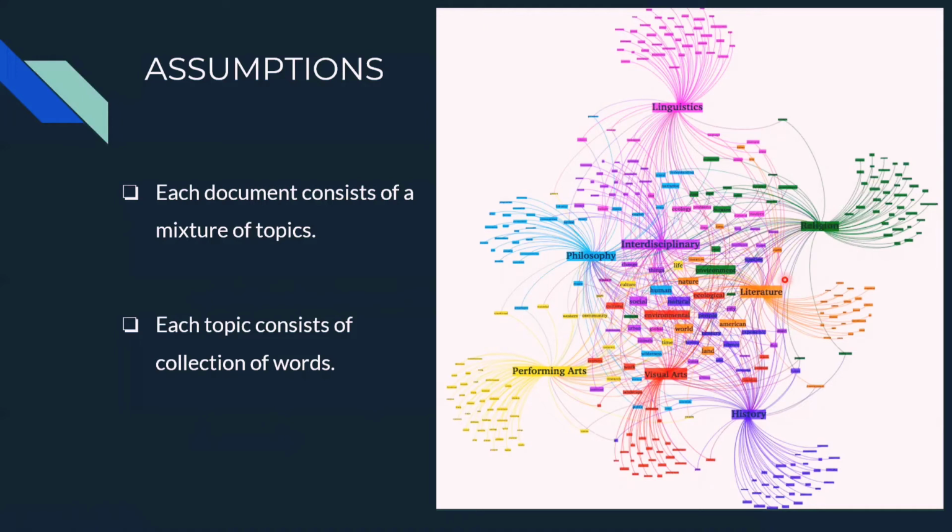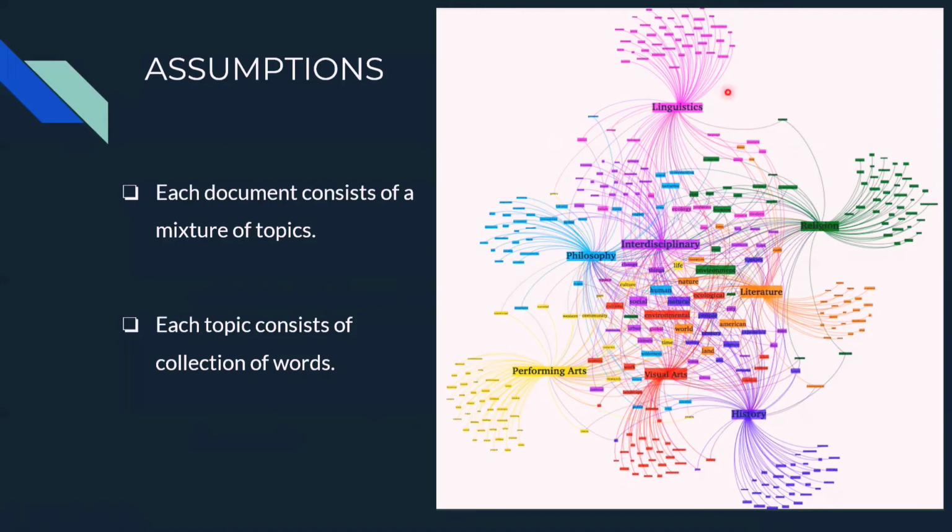In topic modeling, we have basically two assumptions which are really important: each document consists of a mixture of topics, and each topic consists of a collection of words. If you see here, these are words, and these words are contained in a topic called linguists.